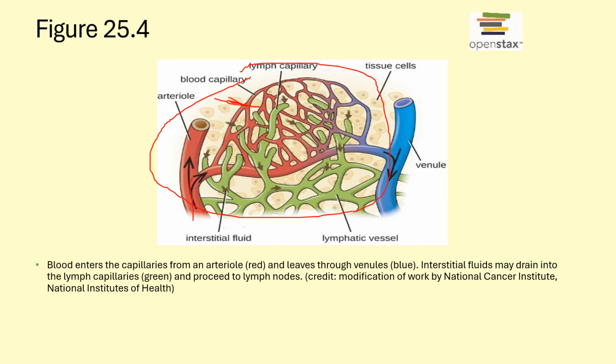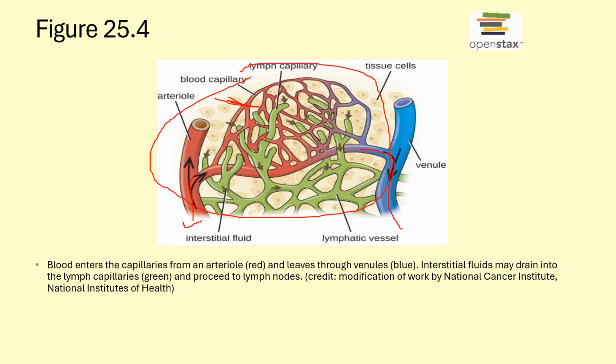You've got nutrients leaving, waste products coming in, and then the fluid comes back here and will drain into the venules, which have a smaller diameter than the veins, so they'll drain into the veins. Over here, the arterioles have a smaller diameter than your arteries. So the blood flow leaves the heart, goes through the arteries, arterioles, through the capillaries, to the venules, to the veins, back to the heart.